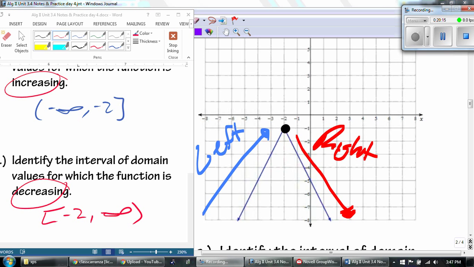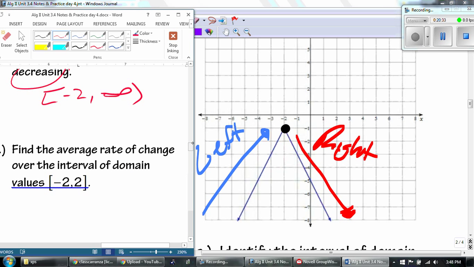Okay, so the left side is where we are increasing from left to right, so that's from negative infinity to negative 2. And then on the right side, we're decreasing, so from negative 2 to positive infinity.